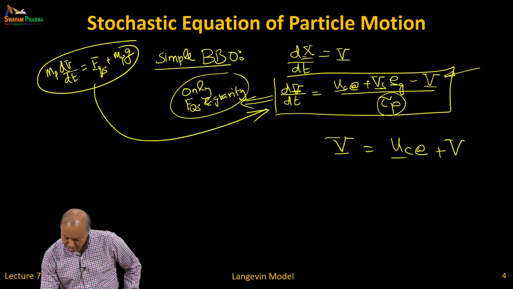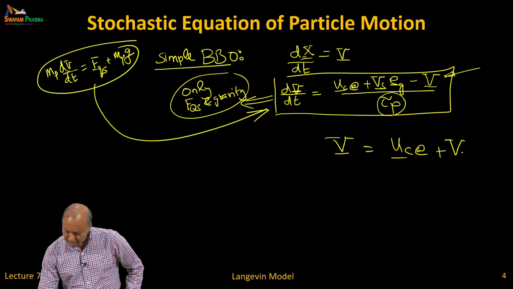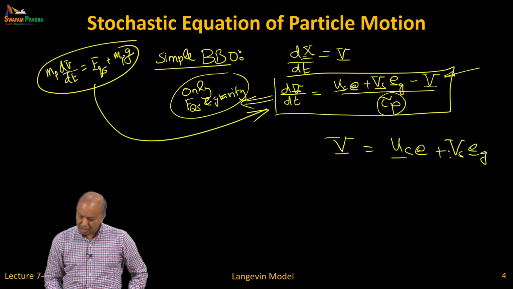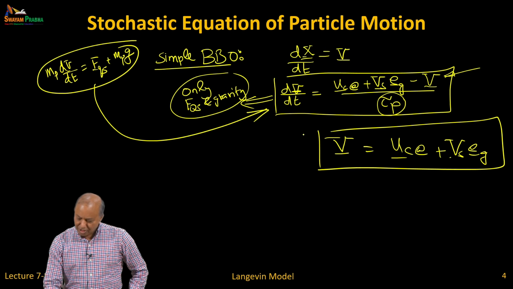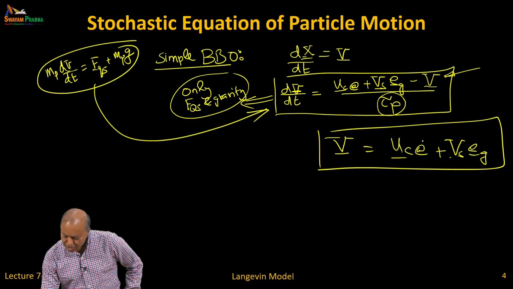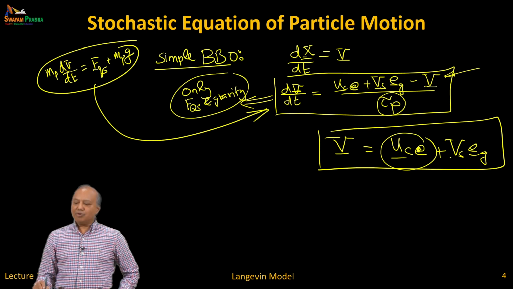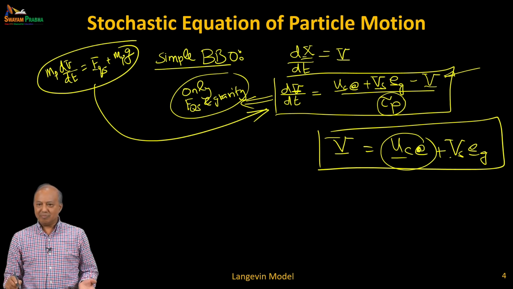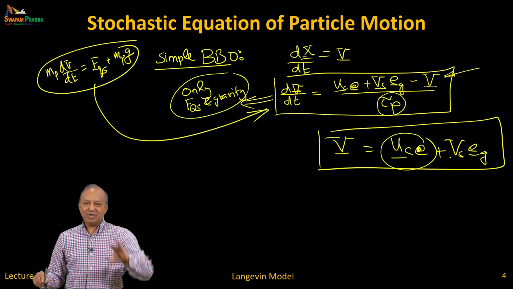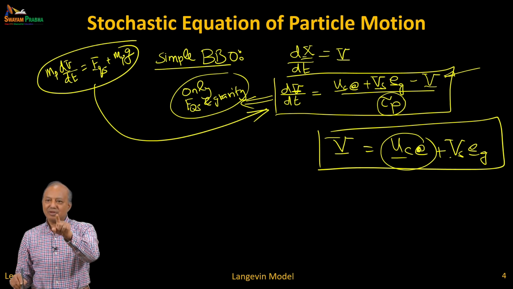So this should be plus. For very small particles, the at sign simply means the fluid velocity at the particle, because if you have a bucket and the fluid is changing, we are asking what's the fluid velocity where the particle is.